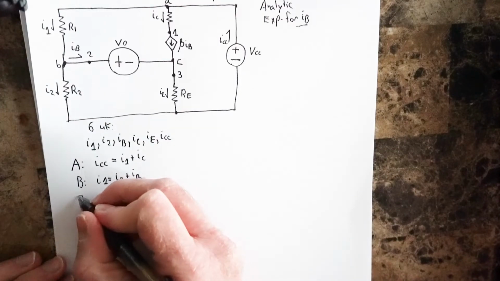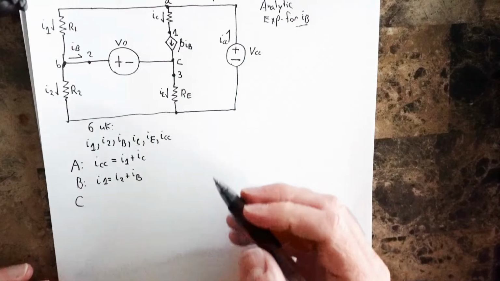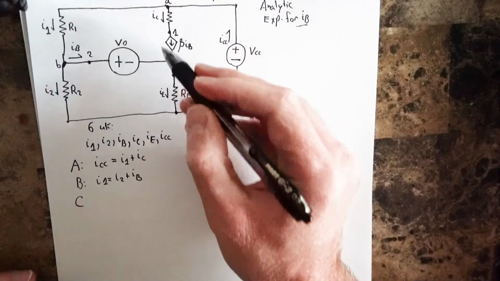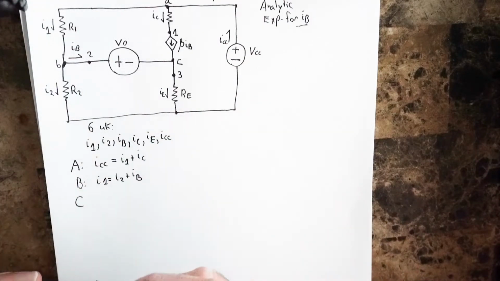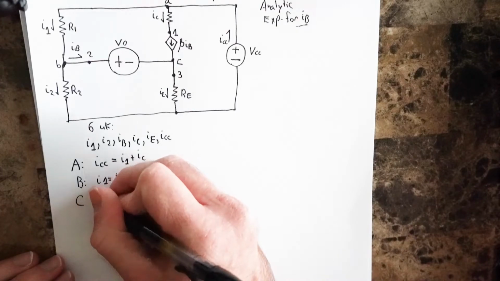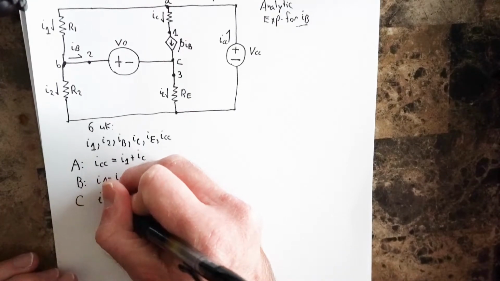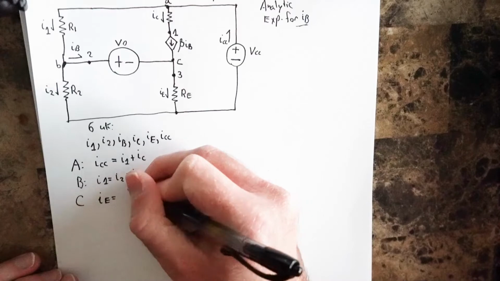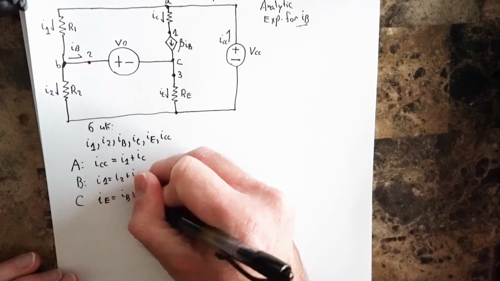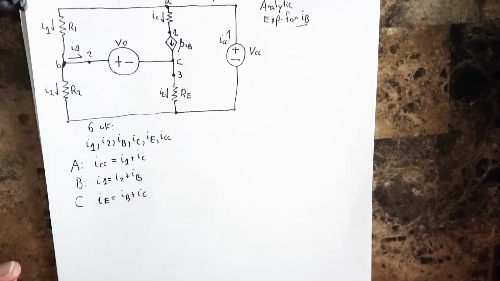Okay. Then at C, what do we have here? We've got a current entering, a current leaving, another current entering. So IE must be equal to IB plus IC.